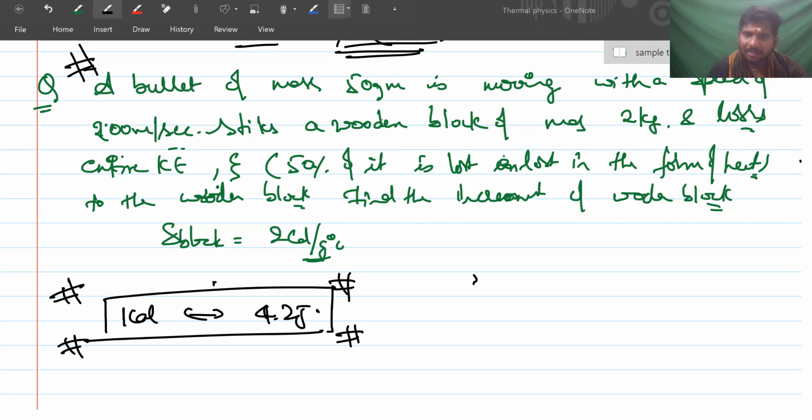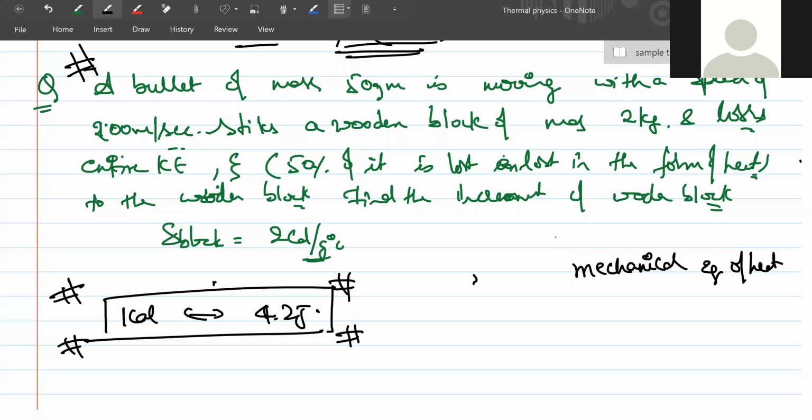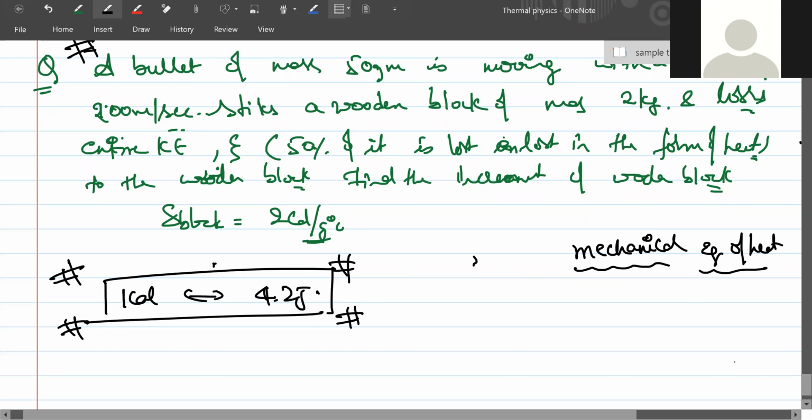The mechanical equivalent of heat is nothing but what I taught you in the first class. To generate 1 calorie of heat, 4.2 joules of mechanical work should be done, isn't it?